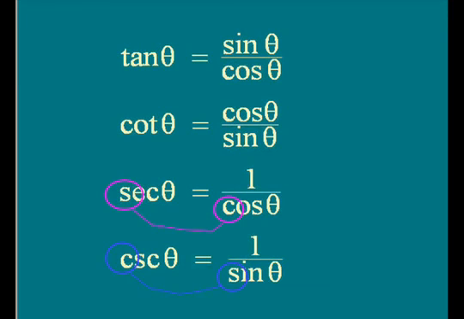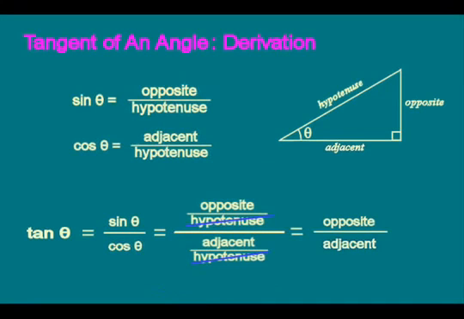Of these 4, tangent is the most important. In fact, we use tangent so often, we should memorize what side over what side it is. Let's find out. Tangent is sine over cosine. Substitute opposite over hypotenuse for the sine, adjacent over hypotenuse for the cosine.